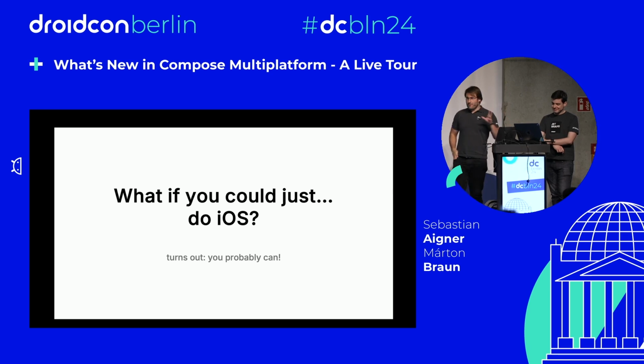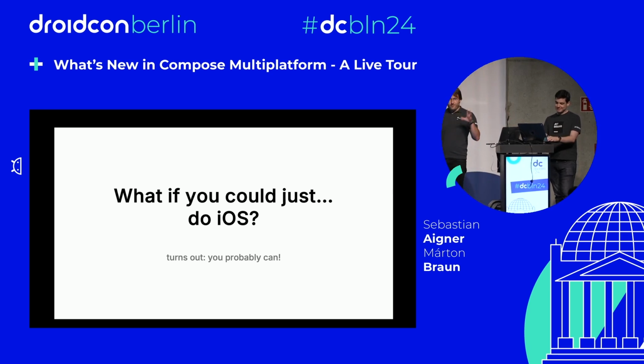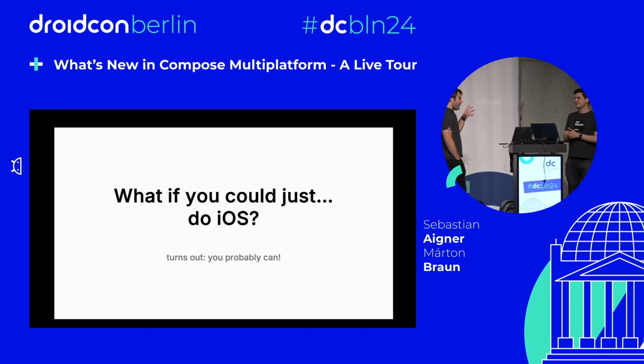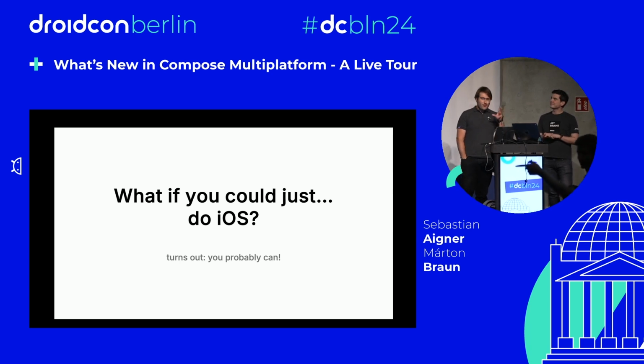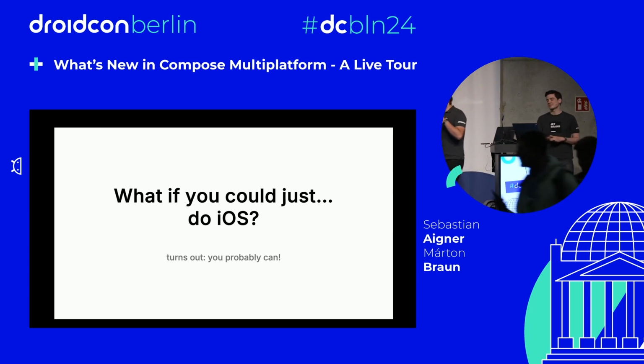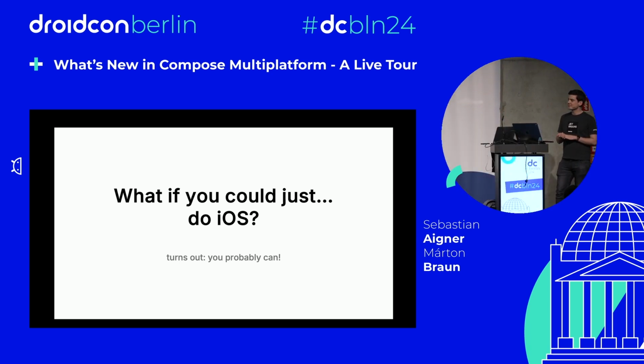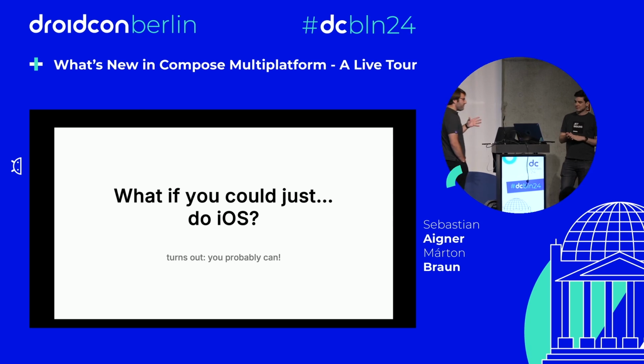So the reason why we came here today is we want to pose a simple question, which is, what if you could just do iOS? And the fun fact is that for a lot of folks who are in this room, it turns out you probably can, which is quite exciting. Why is that, Márton?